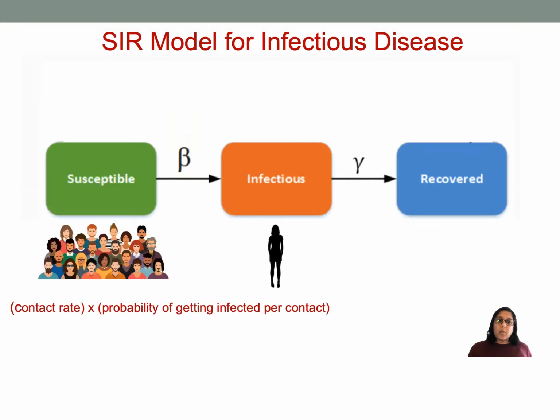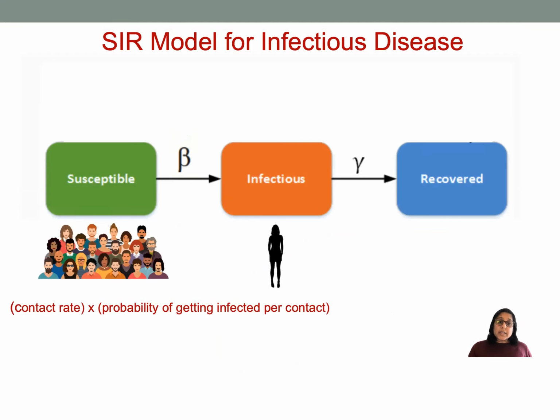So how does this model work? Well, everybody is susceptible at the beginning, and people start moving into the infectious class as they become exposed to the virus. And beta here is called the transmission rate. It determines how fast people move from the susceptible class to the infectious class. And it depends on two things.